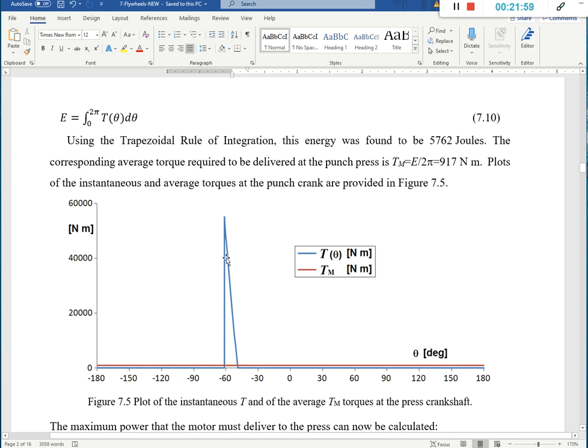So delta E would also be this area here plus this area here. Okay, that's the energy that goes to the flywheel. This is the energy that comes from the flywheel. But otherwise, this analysis allows us to calculate the average torque Tm, and if you know the crank speed, you can calculate the power required from the motor.